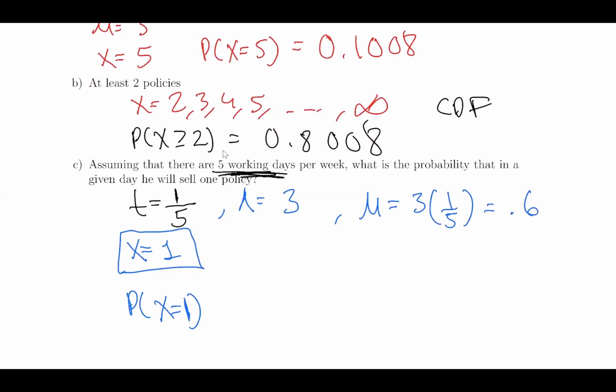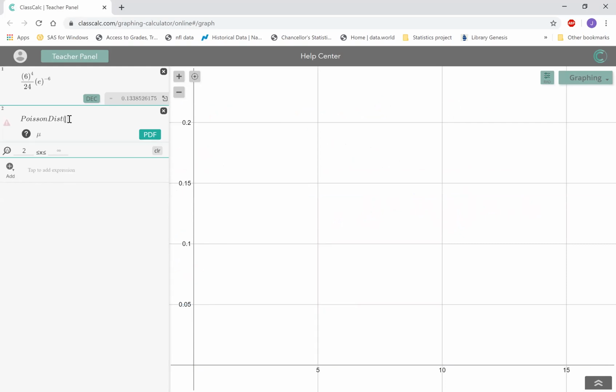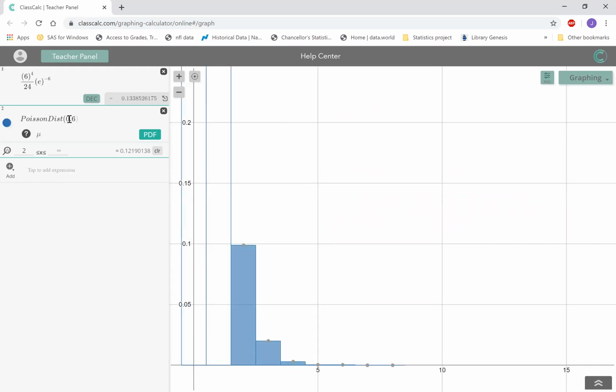So we're going to find the probability that x is equal to 1. Since we only want one outcome, this is going to be PDF. So I'm going to switch it over to class calc. First thing I want to do, change the 3 to 0.6.